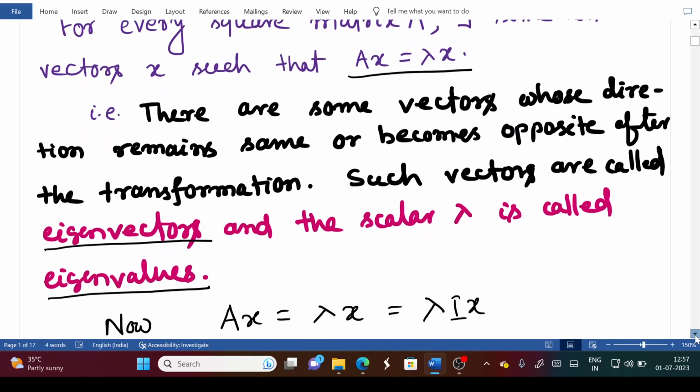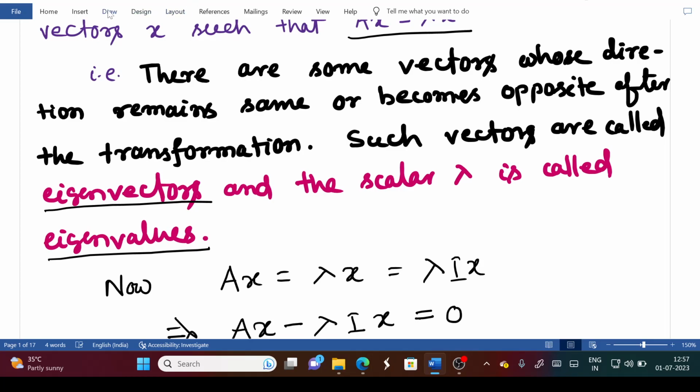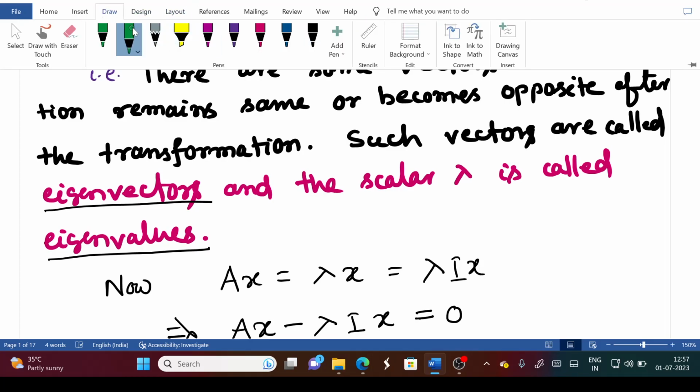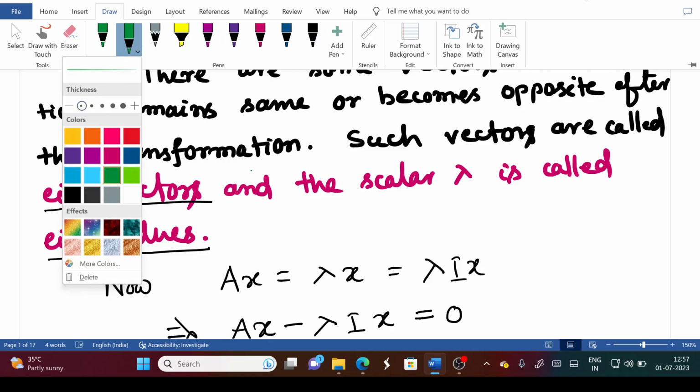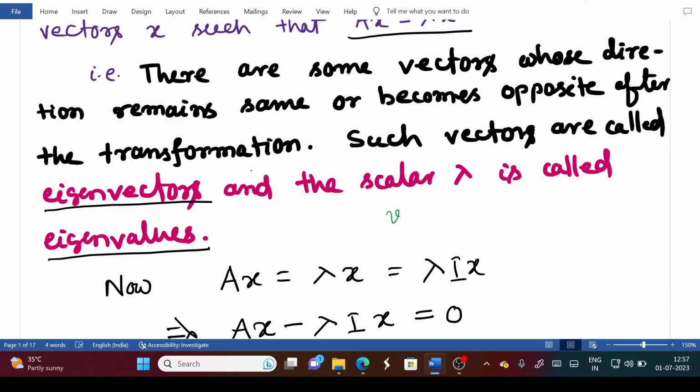For example, let us consider an arbitrary vector V, as a linear combination c1 x1 plus c2 x2, where x1 and x2 are two eigenvectors. Then what will be the image of AV?